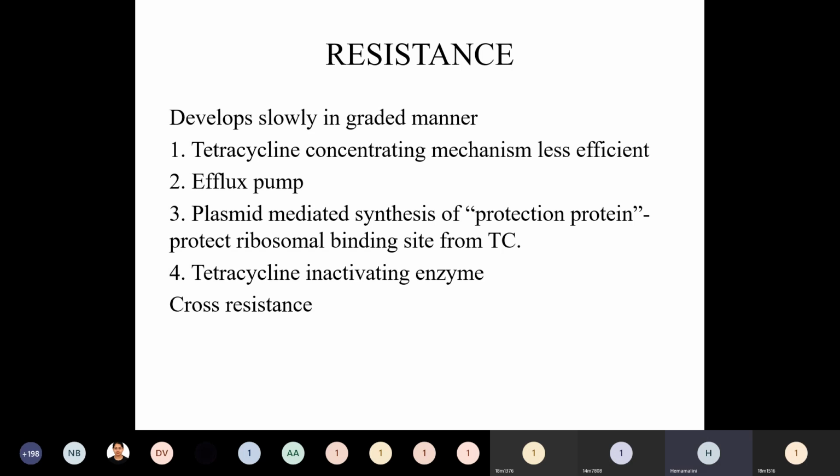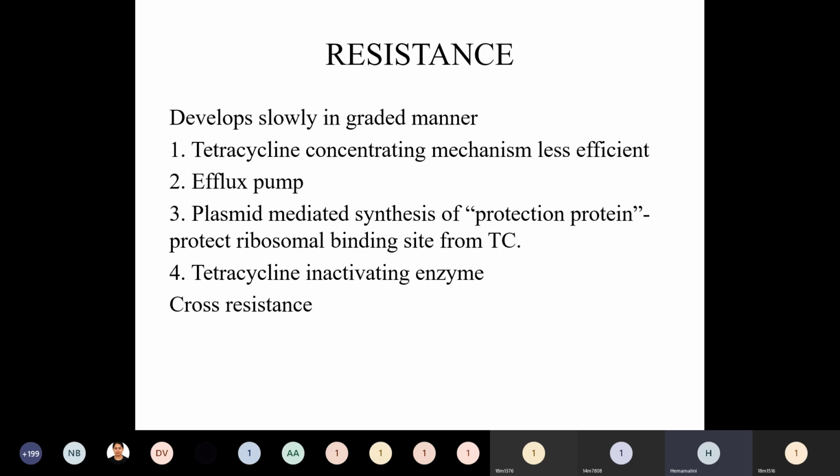Then we'll see how the organism develops resistance against tetracycline. The development of resistance is slow and graded. The first mechanism is that the tetracycline concentrating mechanism is less efficient in those bacteria. Or even if the drug enters the bacteria, they develop a capacity to pump the drug out. That is called efflux of the drug. They also synthesize protection proteins.